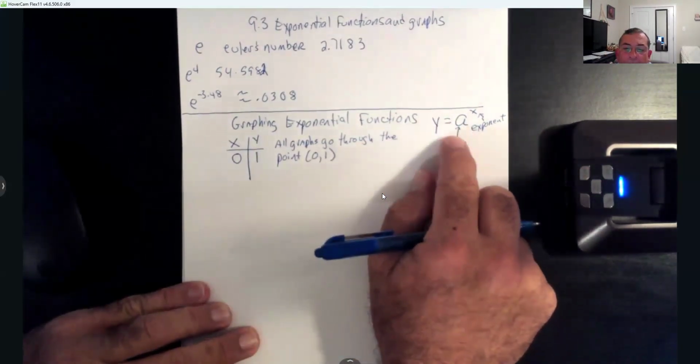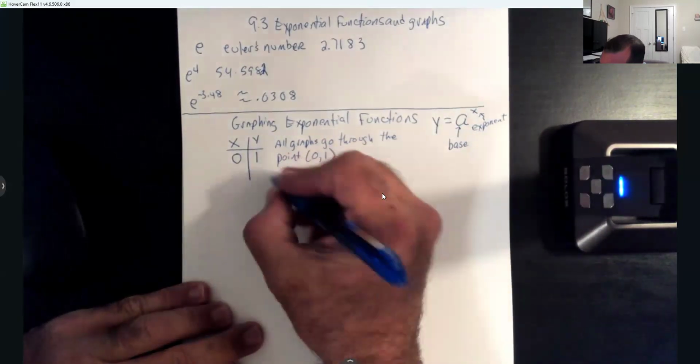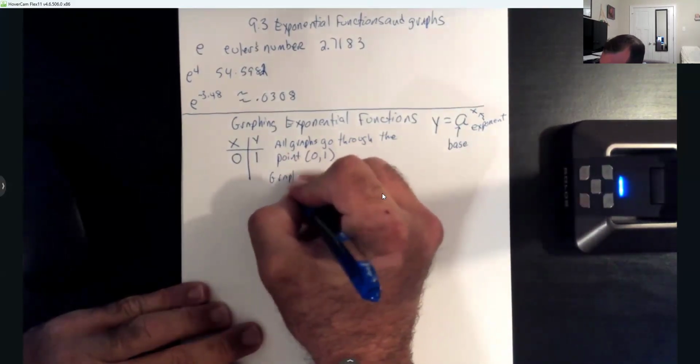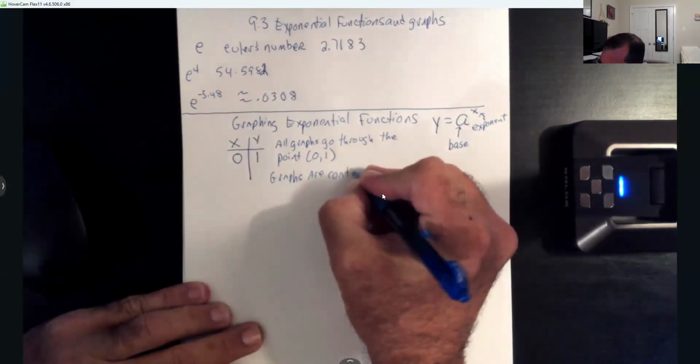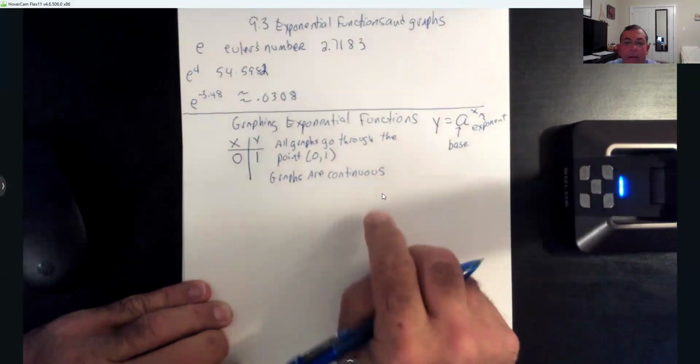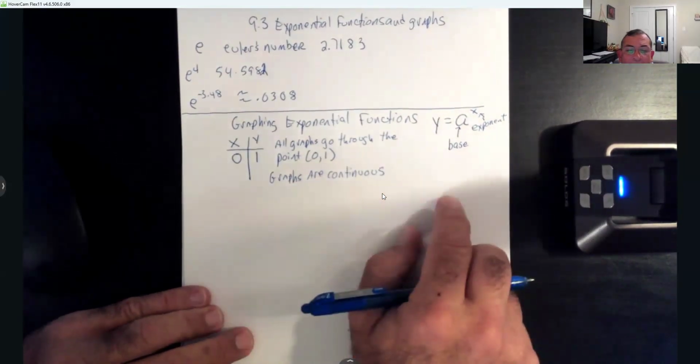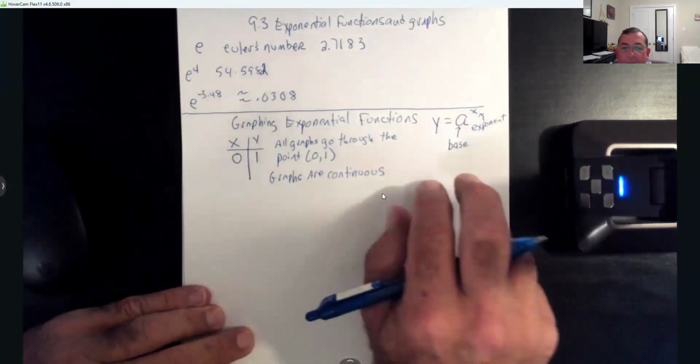All right, another thing about these graphs, they're continuous. That means there's no vertical asymptotes or none of that fun stuff, okay?